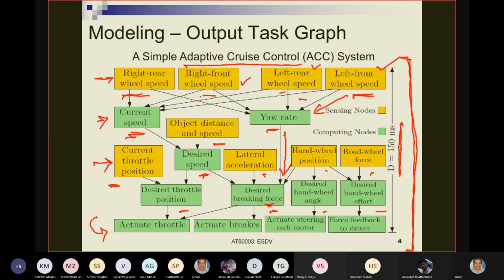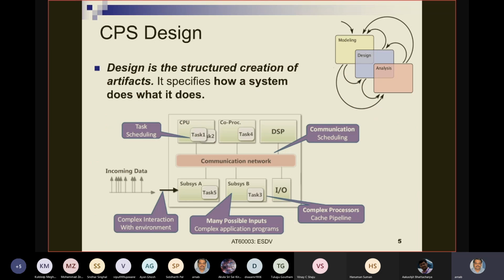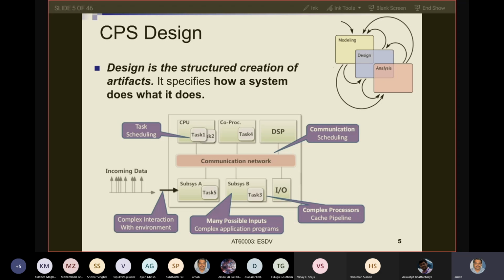Now, given this input, let us see. We talked about what design is. You see this design: we got the task graph, and from that task graph we essentially say how we implement it. For example, let us say you have a task graph with 5 tasks, of which task 1 and task 2 are implemented on a general purpose processor.